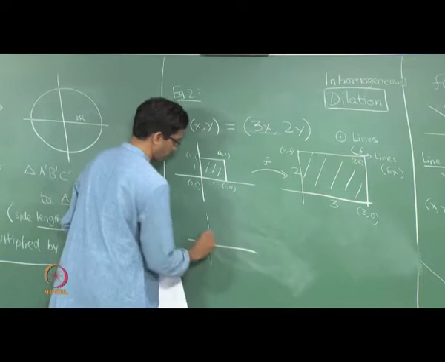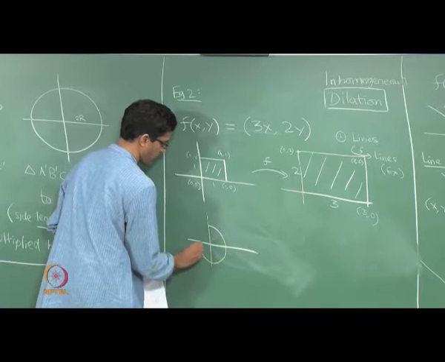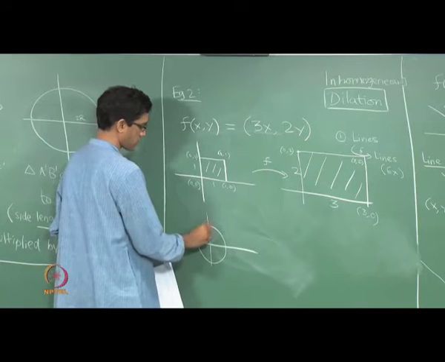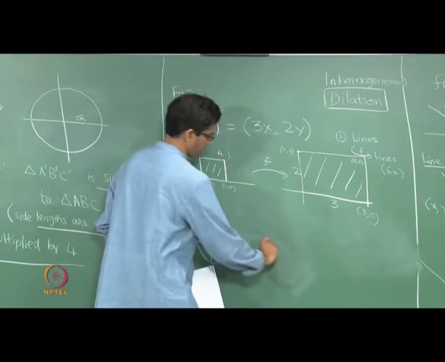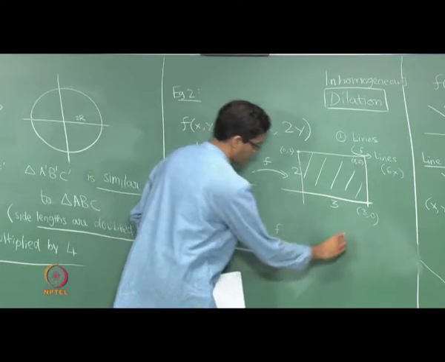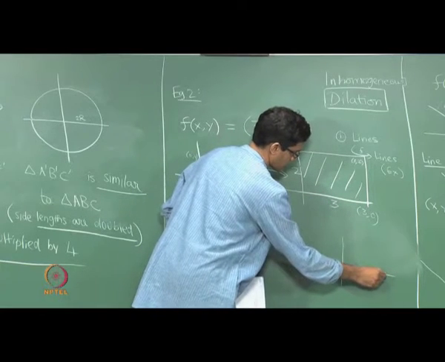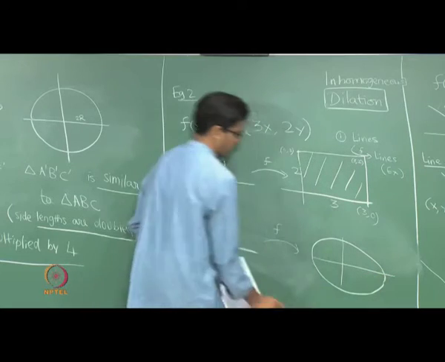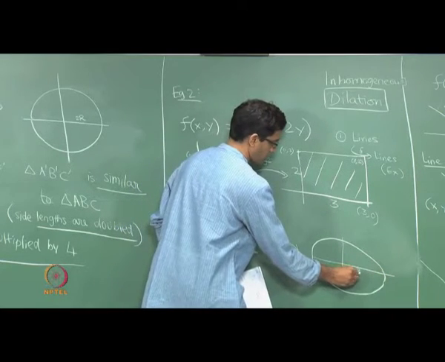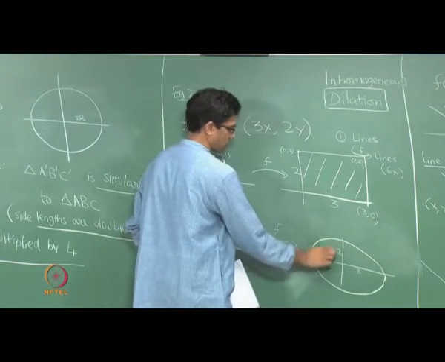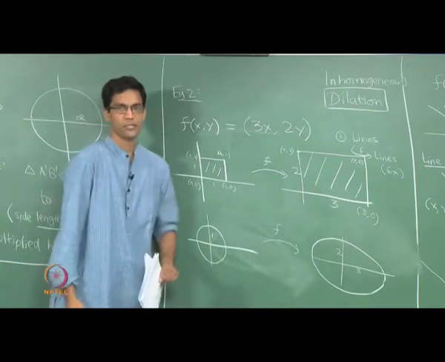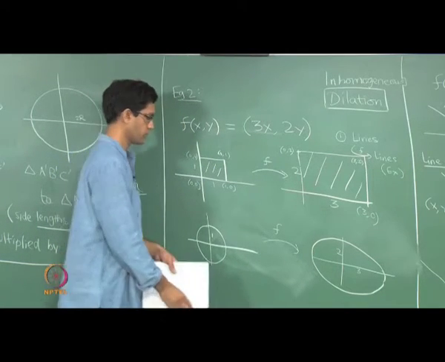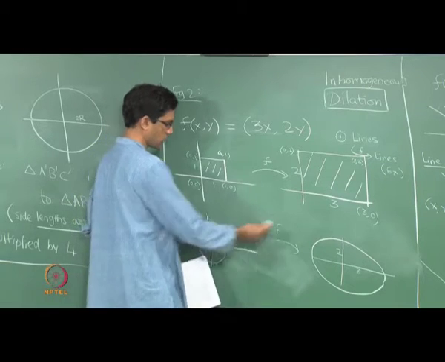Similarly, if you try to figure out what happens to a circle of say radius 1, like we did in the earlier example. So again, along the x axis it gets stretched by a factor of 3, along the y axis by a factor of 2, and what you therefore get is in fact an ellipse with major axis 3 and minor axis 2. Okay, so this map actually sends a circle to an ellipse.